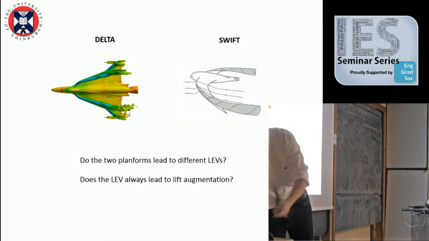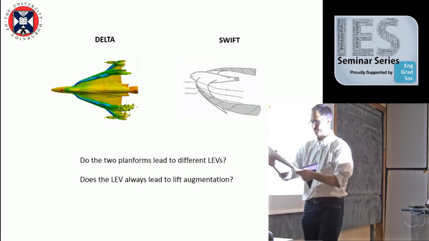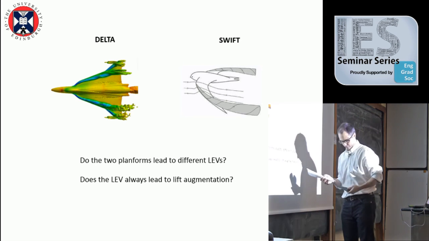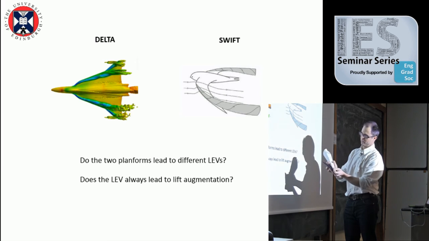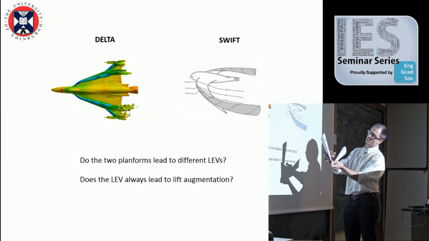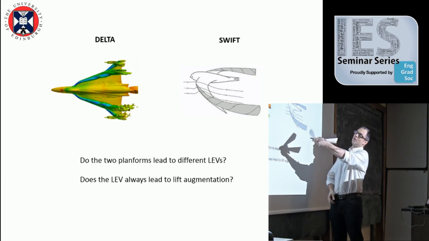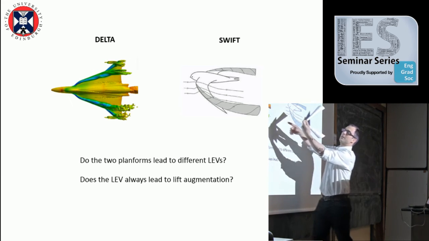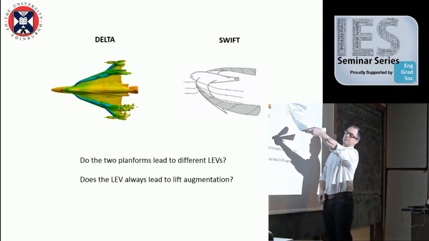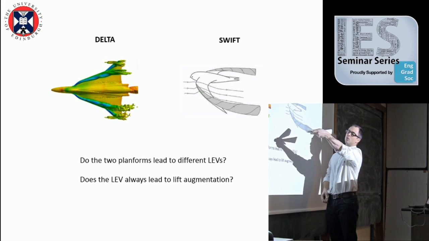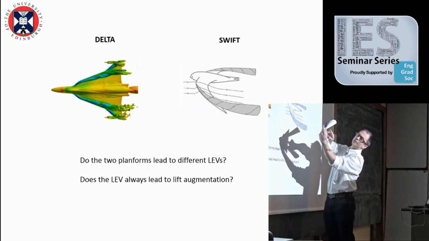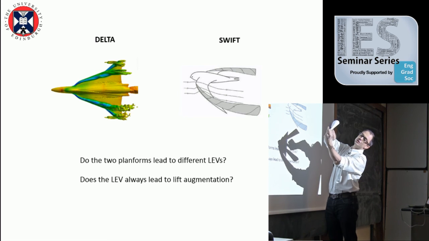These two vortices, you need to imagine them like this. These two vortices are something like this, all right? That's what they do. So you can see them like this, like in this picture, or you can see them like this, okay?